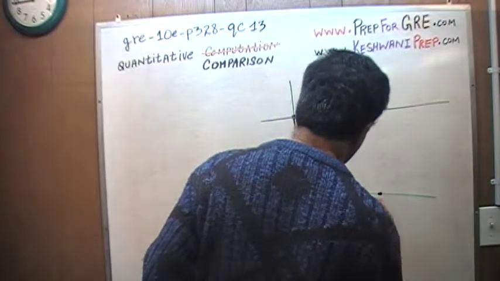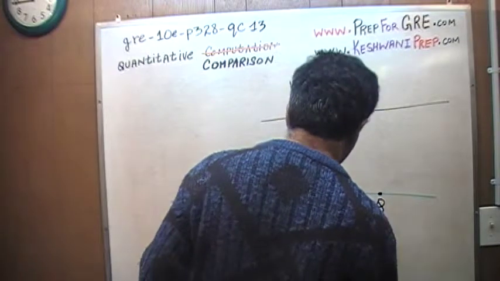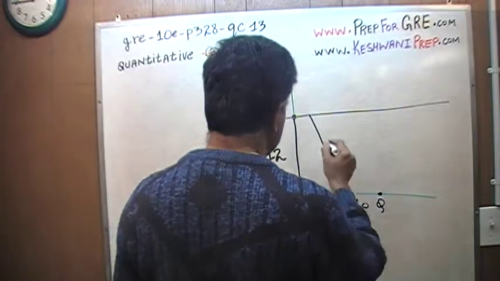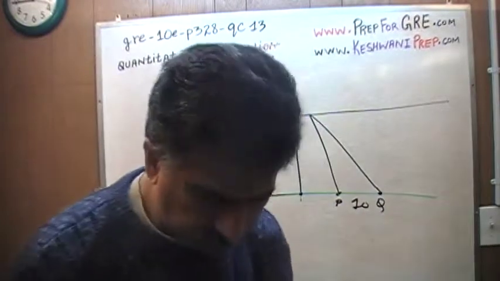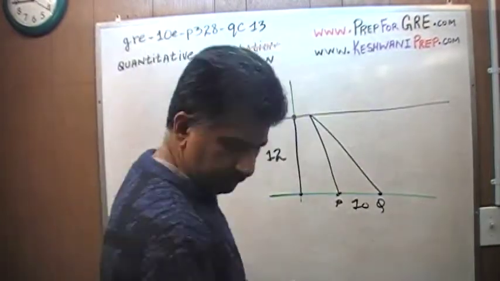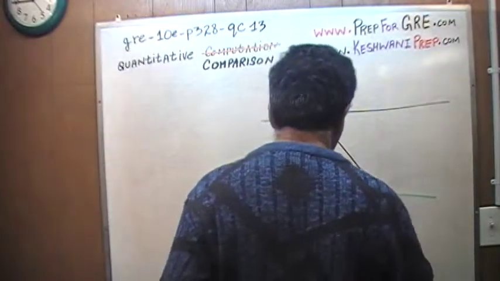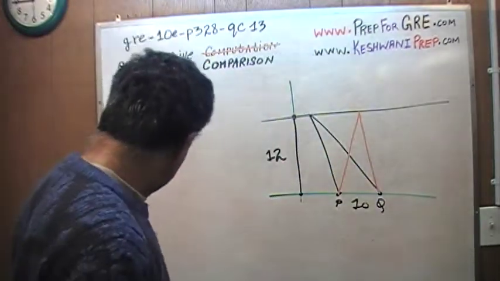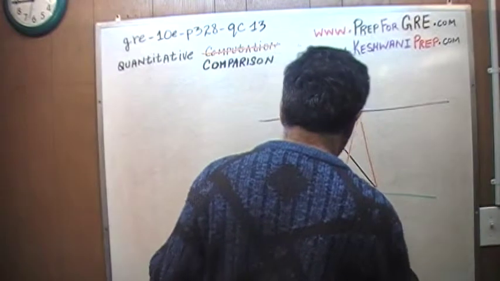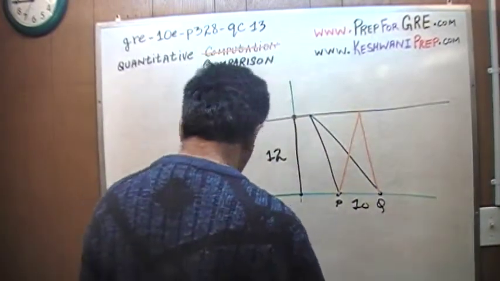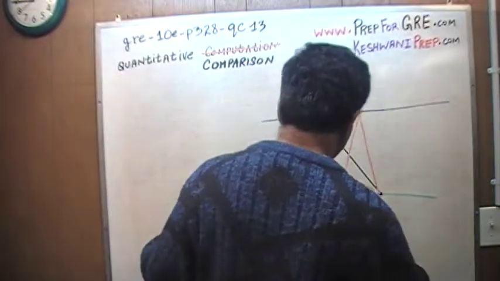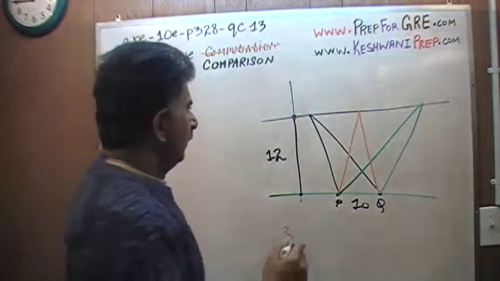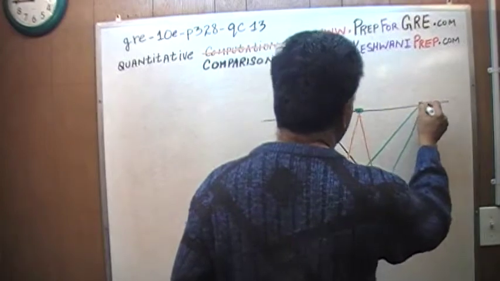And then from here to here, let's call it P to Q, is 10. Let's call this A, B, C.